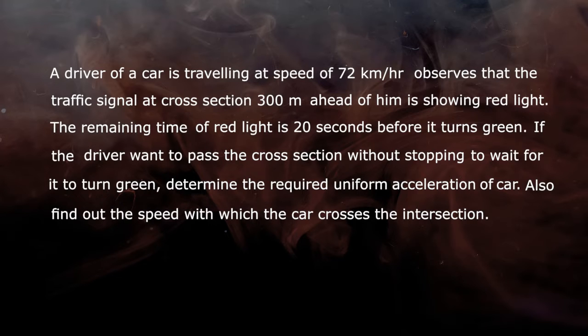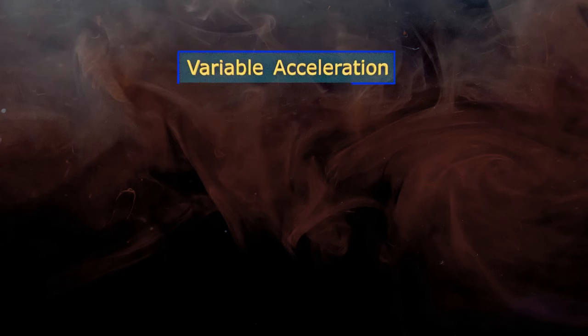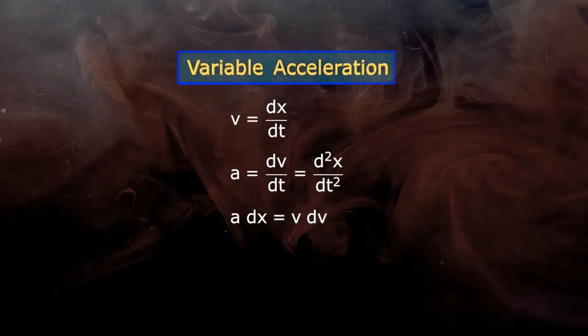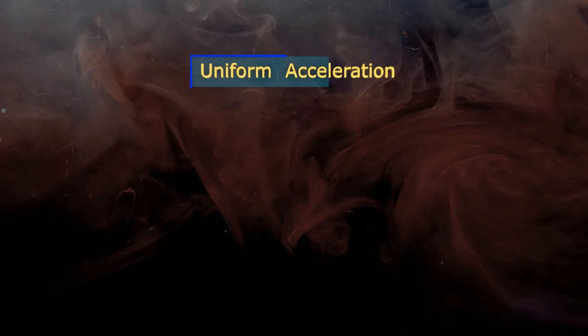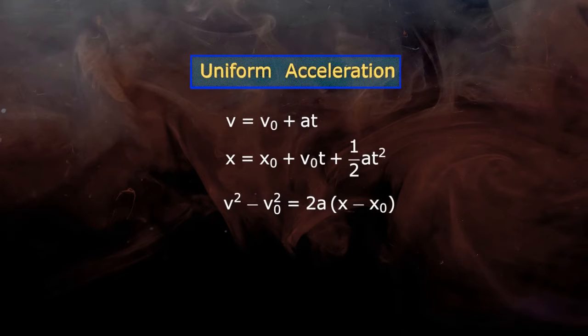Now before we begin, let's see the types of problems we may face in case of rectilinear motion. There may be simple problems of variable acceleration, or where no uniform acceleration is mentioned, and they can be easily solved using differentiation, integration and some general equations. There may be problems of uniform acceleration, and these are the equations for this case.